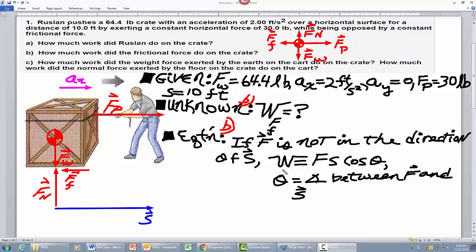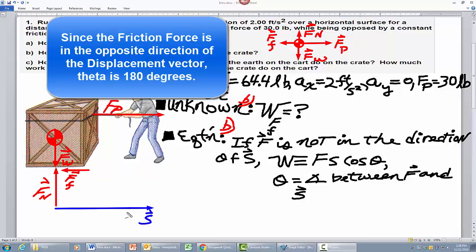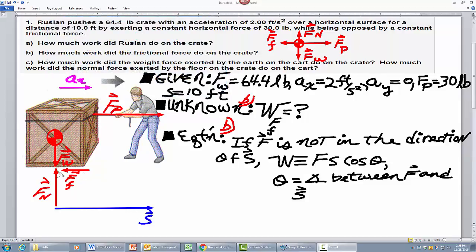The formula for work becomes work is the magnitude of the force times the magnitude of the displacement times the cosine of theta, where theta is the angle between the force doing the work and the displacement vector. Note here that theta is 180 degrees, since the displacement is along the positive x-axis and the force of friction vector acts along the negative x-axis.